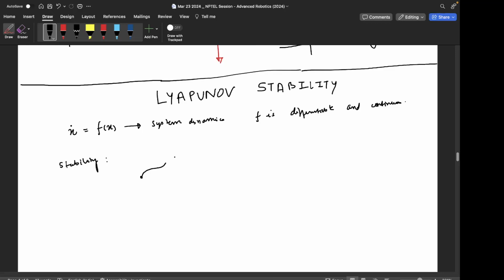And there is a space around this. So let's say this is a space d, and this is x0. Now, if it starts here and stays inside this for all time t, then the system is said to be stable. Okay.